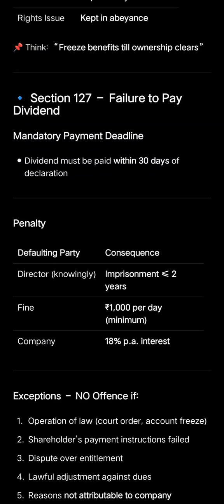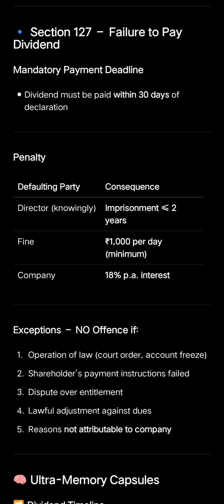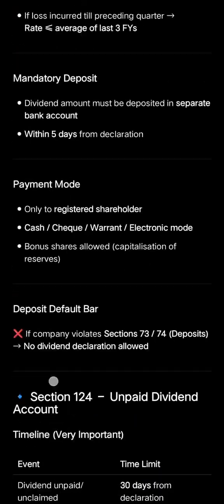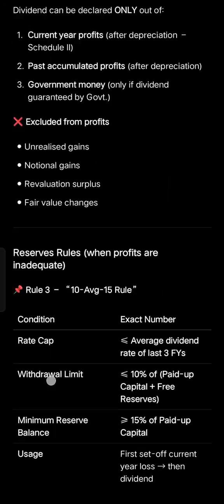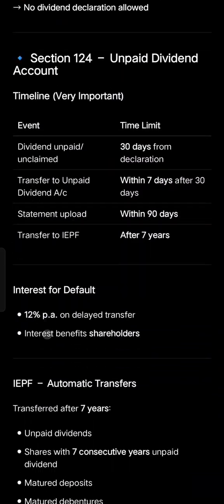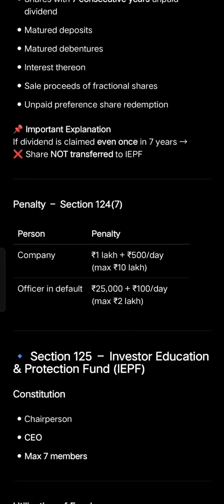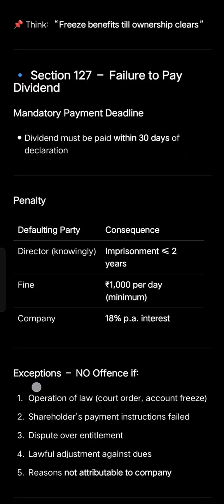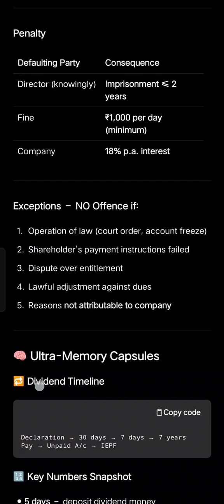For a company, the interest rate penalty is 18% per annum for non-declaration of dividend. For the unpaid dividend account, the percentage is different. For the unpaid dividend account, section 124, the percentage is 12%. Here, section 127, the percentage is 18%.